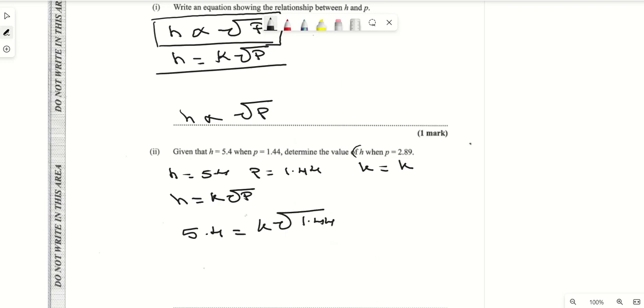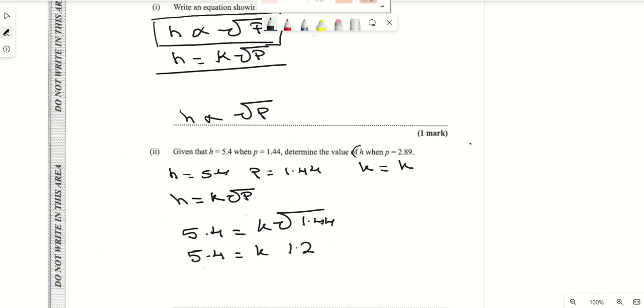So when we have this, we make k the subject of the formula. Now, to make k the subject, actually find the square root of 1.44. You use a calculator, the square root of 1.44 is equal to 1.2. So you're saying 5.4 is equal to k by 1.2.